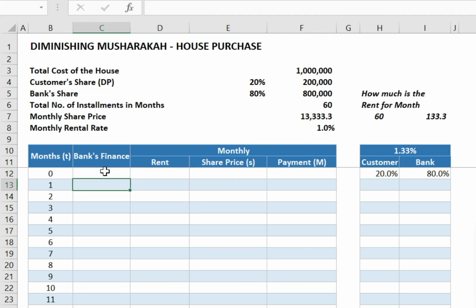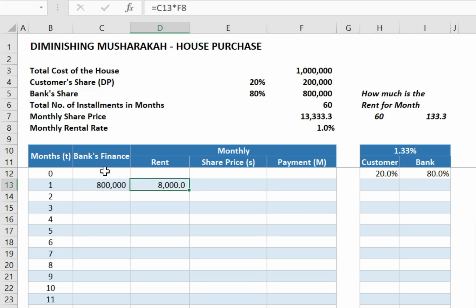Then in month 1, the bank's finance remains 800,000 pesos. And this is the basis in calculating the first monthly rental payment, which is simply calculated by multiplying the outstanding bank's finance by the monthly rental rate.